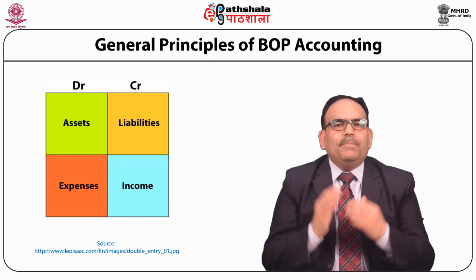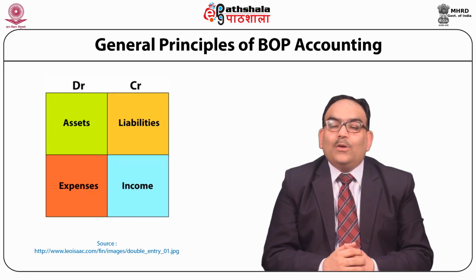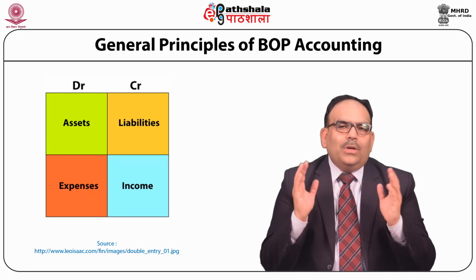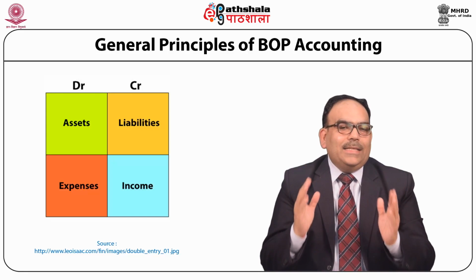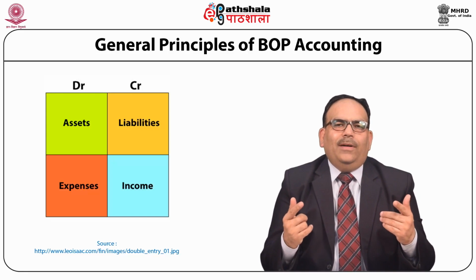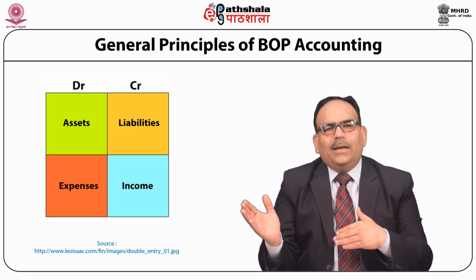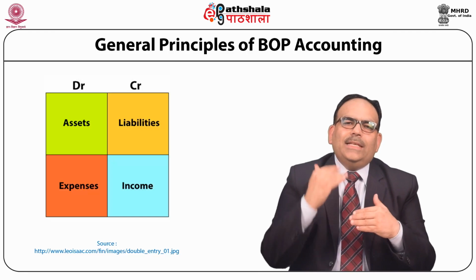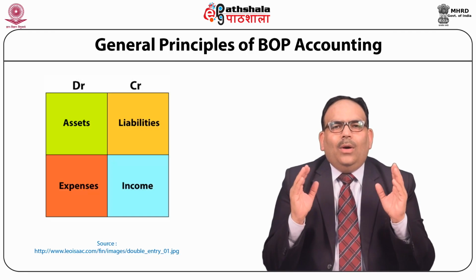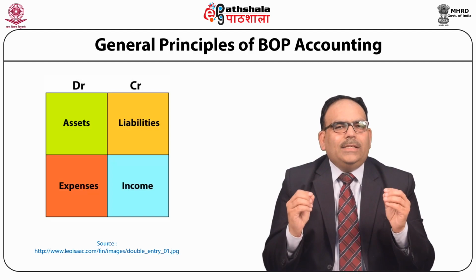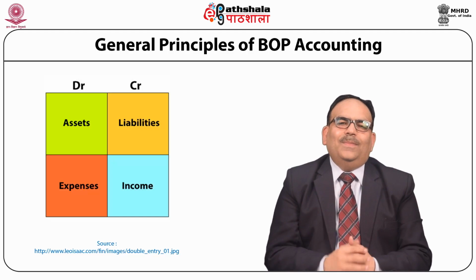Furthermore, in business accounting, it is recognized that the total value of the assets employed by the firm must be equal to the total value of the claims against those assets, that is, all the assets belong to someone.